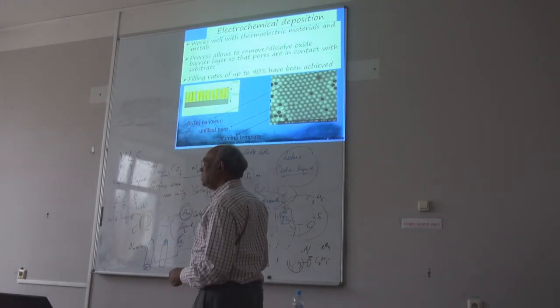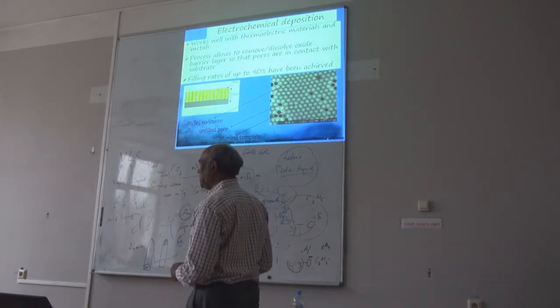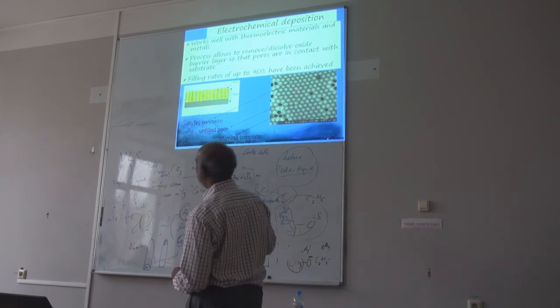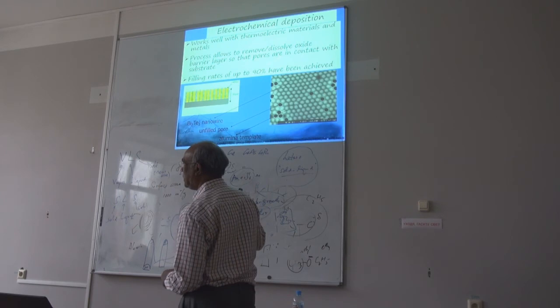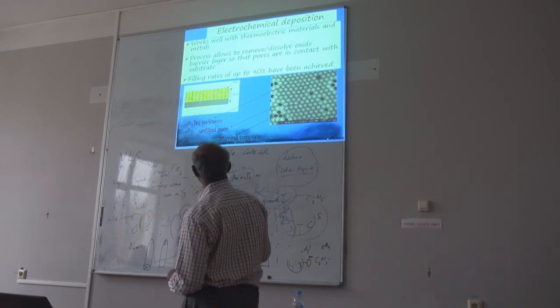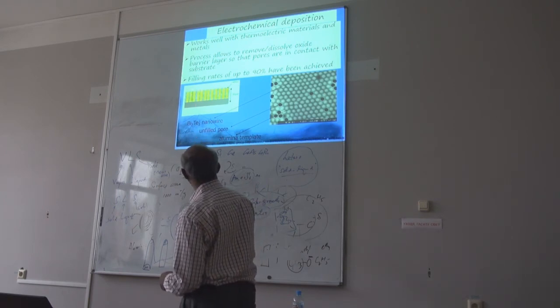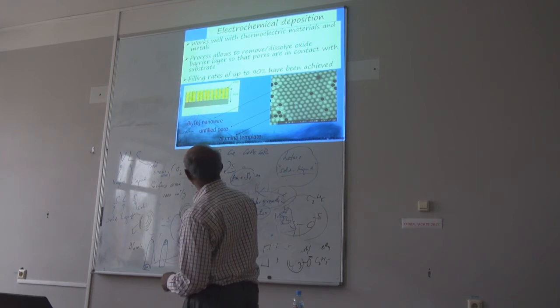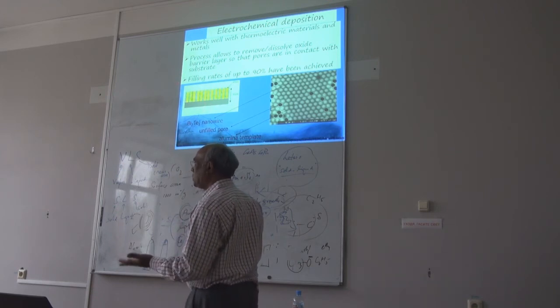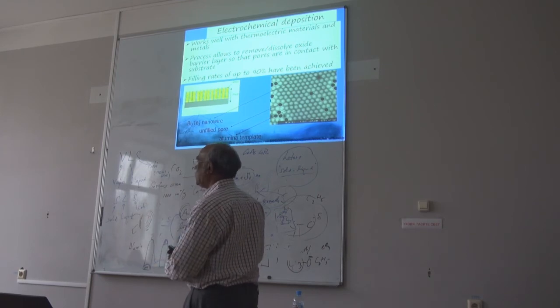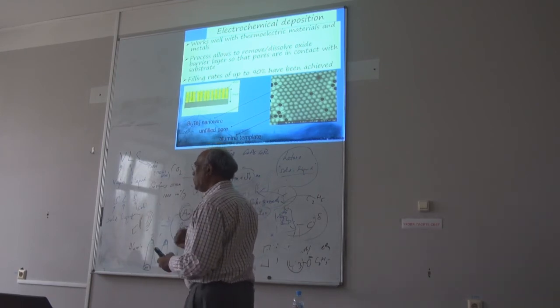When Sergei Mushinsky was at Louisville, he made these things using simple electrochemical etching. So anyway, important thing is if you have this template, you just fill those pores with your material. If you want gold, you just fill with gold. You can do it from vapor or by liquid.